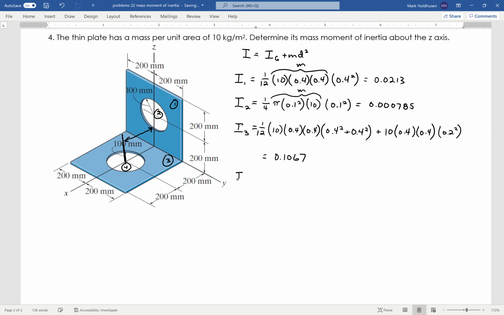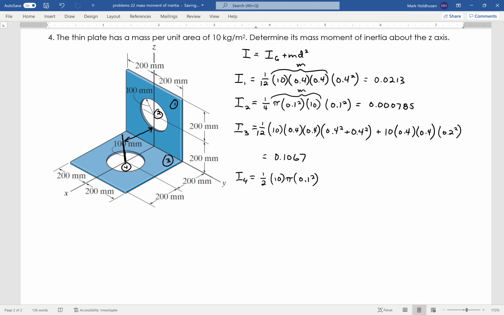Now, moving on to 4, which is the hole. This time, instead of flipping that disk, that disk is rolling, and you can see it's 1/2 mr squared, where m is again that 10 times pi r squared, which is 0.1 squared. So that's what m equals.